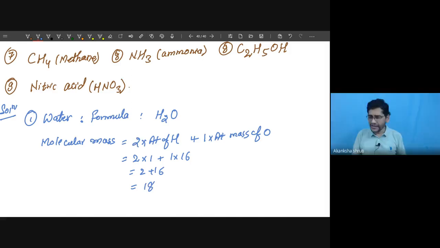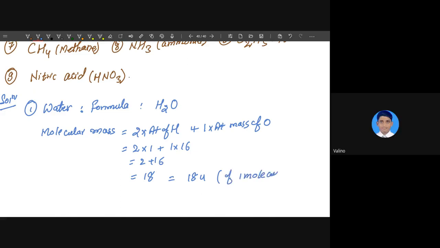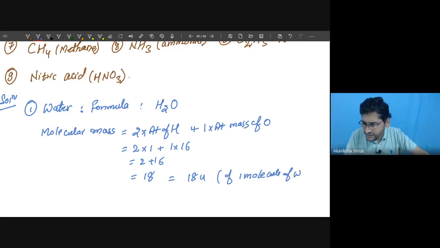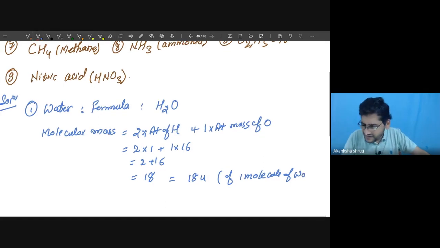Now, students, to this 18 we have to associate the unit. It can be 18 u, for 1 molecule of water. If we are considering 1 molecule of water only, it will be 18 u.